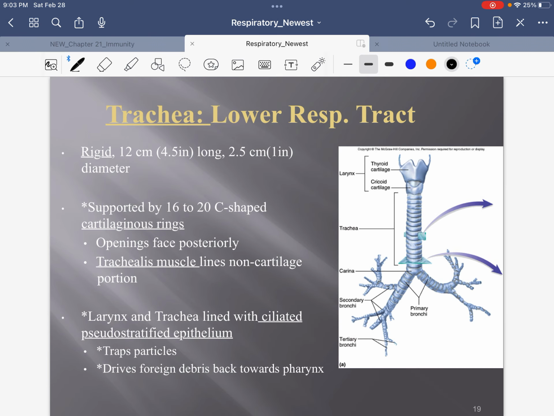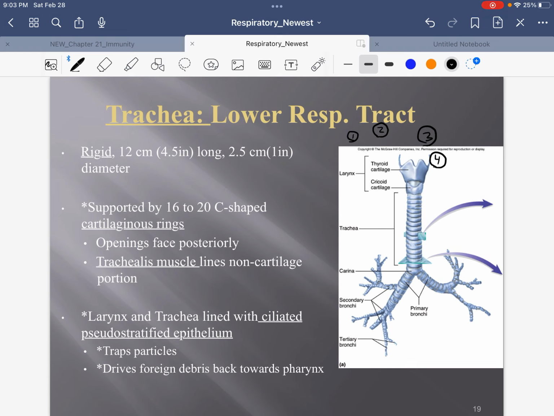So, if we're going to review, we had the nose, which then came into the nasal cavity, which had some folds in the side of the nasal cavity walls called the nasal conchae. Then we got to the pharynx, 3 regions: nasopharynx, oropharynx, and laryngopharynx. And then we got to the larynx, which houses the vocal cords.